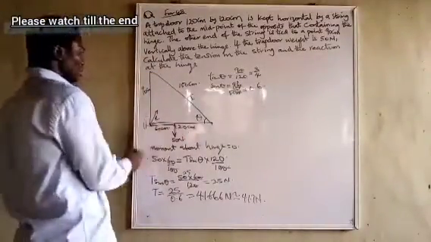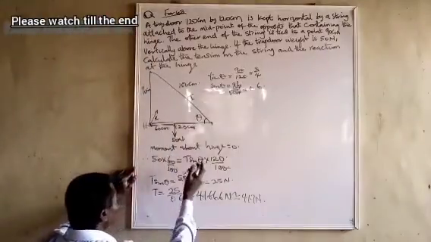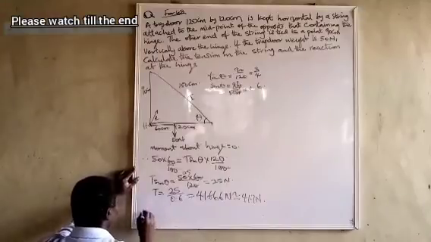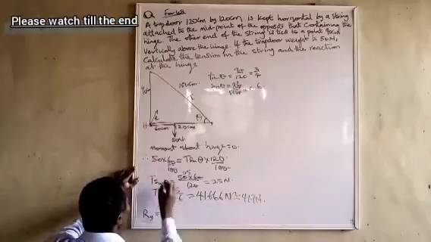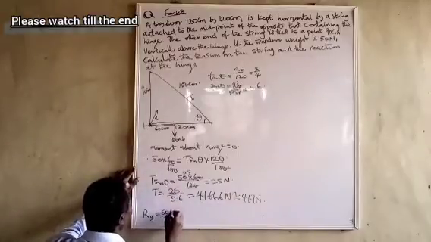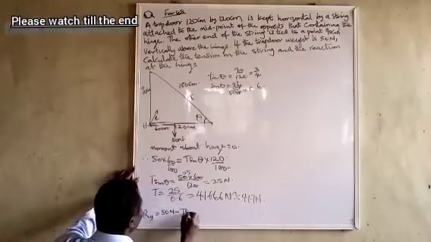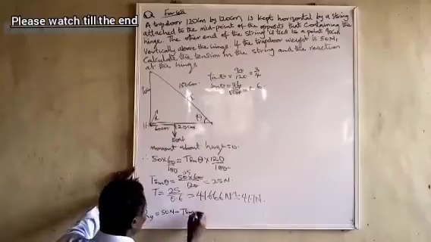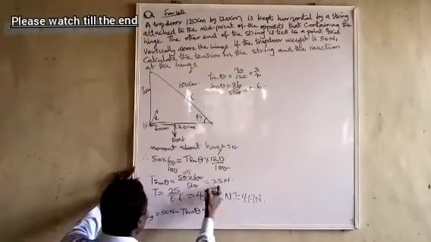Since total R must be equal, for us to find this R, we can easily do it by drawing the triangle, whatever. But Ry must be equal to 50 Newton minus T sine theta. And we have seen that T sine theta is 25.